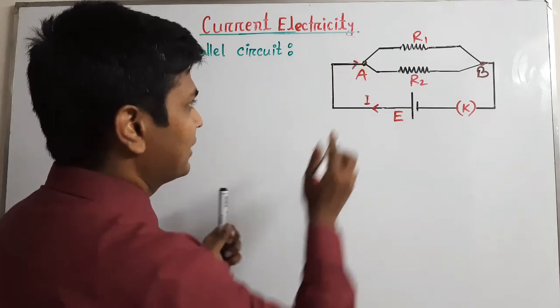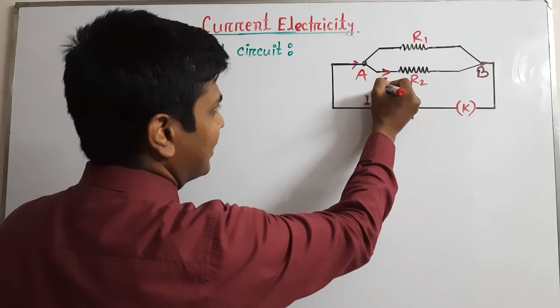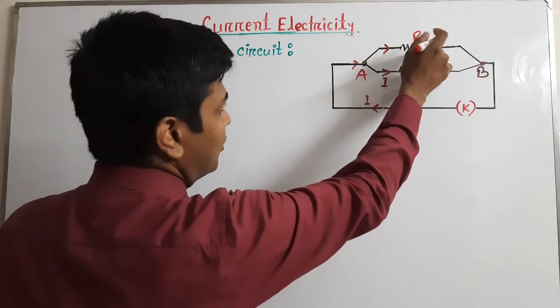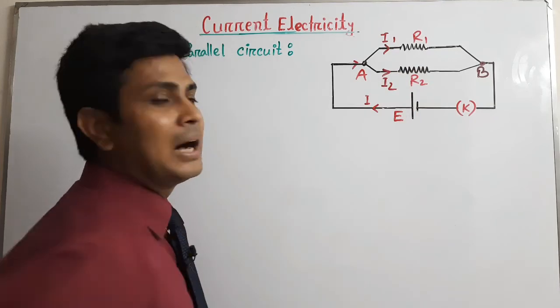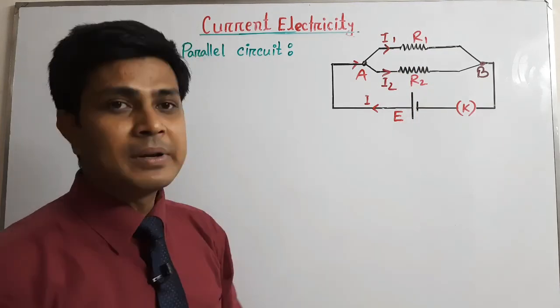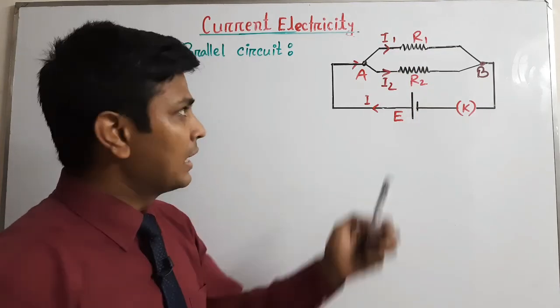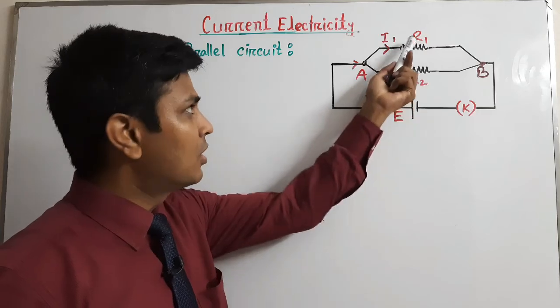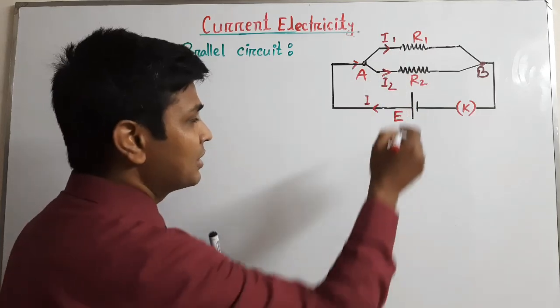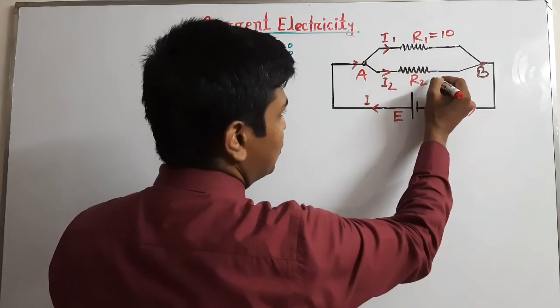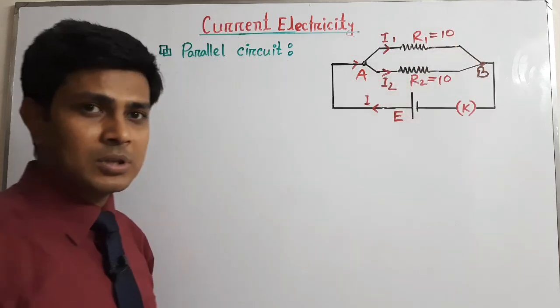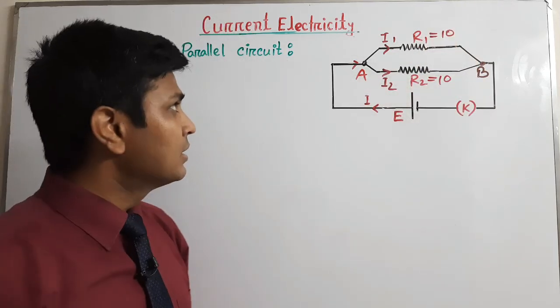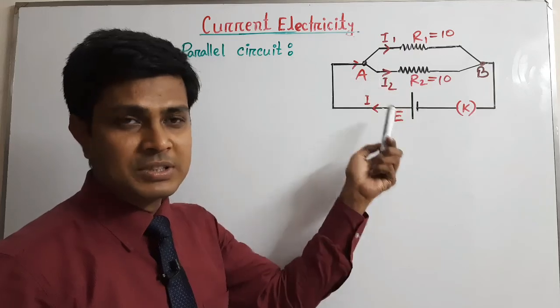The current will divide, and we will get branch currents. Suppose through resistance R1 the current is I1 ampere, and through R2 the current I2 ampere will flow, and that current will depend on the resistance. If the resistances of both are the same, then the same amount of current will flow through the resistances.